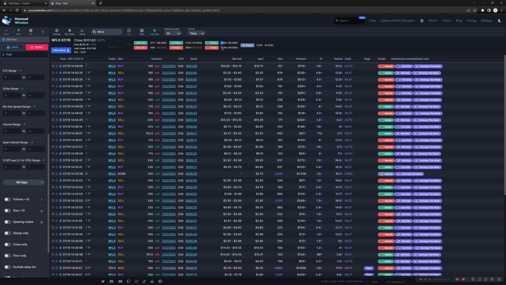I'm seeing more calls than puts. I'm seeing put volume right here. So people are spending a lot more for calls because Netflix was up today, but they actually bought a lot more in puts. So people were really banking on Netflix going down.